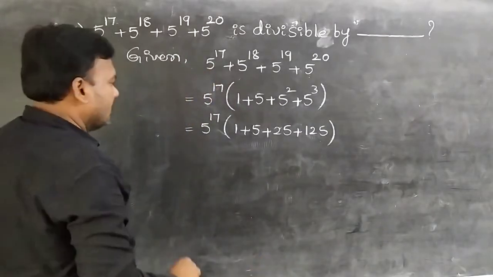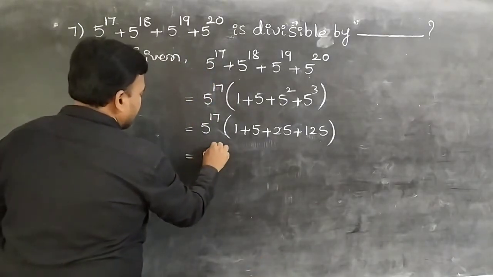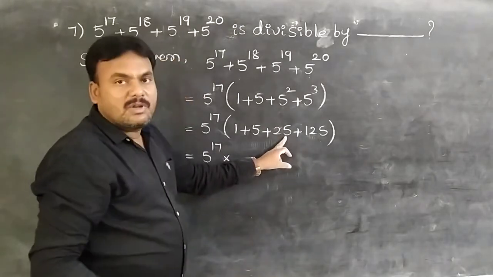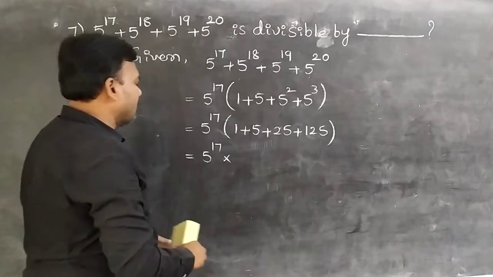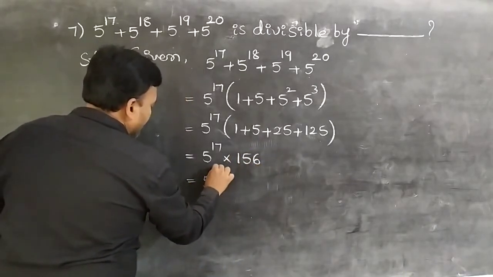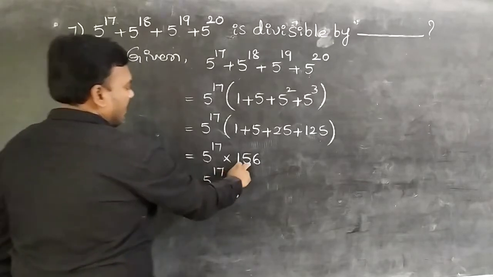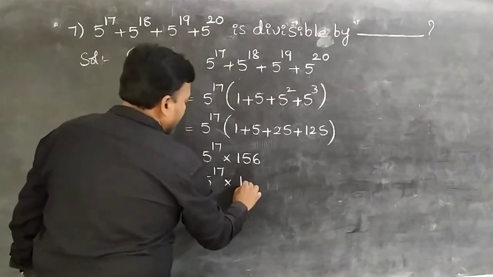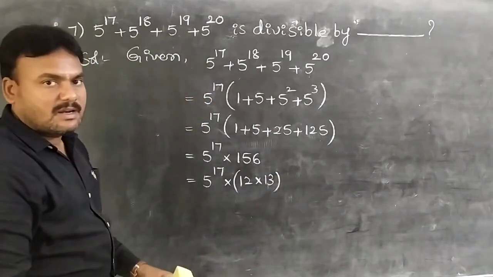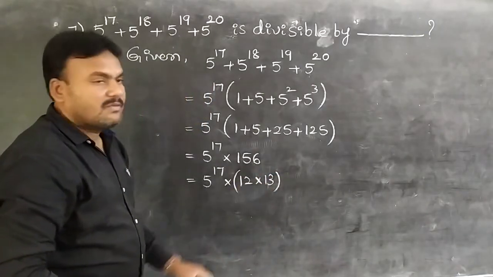Isn't it? So 5^17 into, 125 plus 25 is 150, 150 plus 6 is 156. So 156 can be written as 12 into 13. 12 into 13 is nothing but 156.